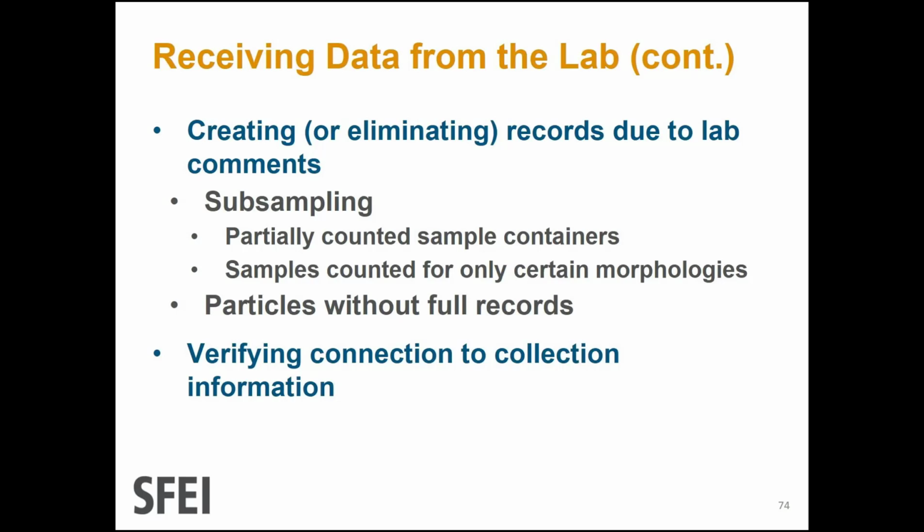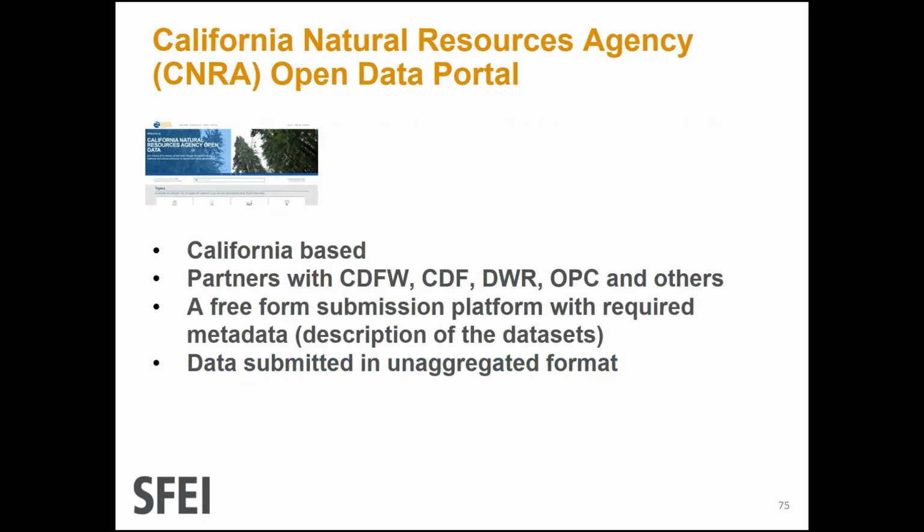So once we have everything cleaned up and standardized, where is this data going? The first place is the California Natural Resources Agency's Open Data Portal. It partners with various agencies in California: Department of Fish and Wildlife, Department of Fire, Water Resources, Ocean Protection Council, and it allows data to be stored in all sorts of formats.